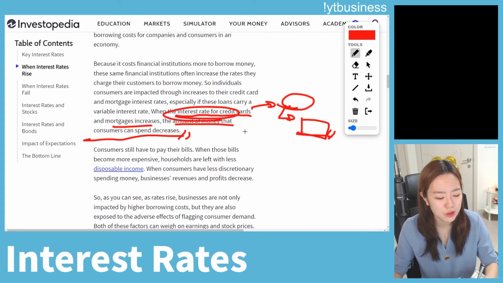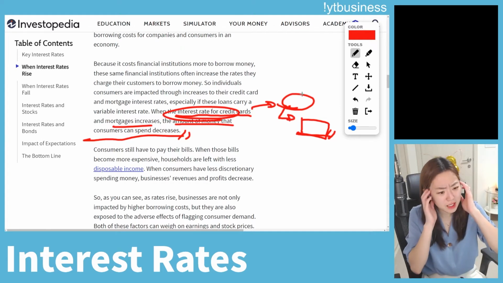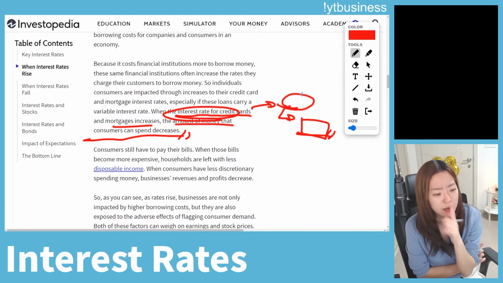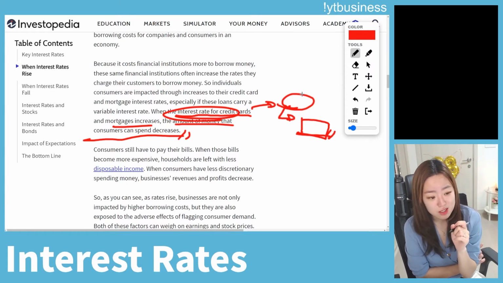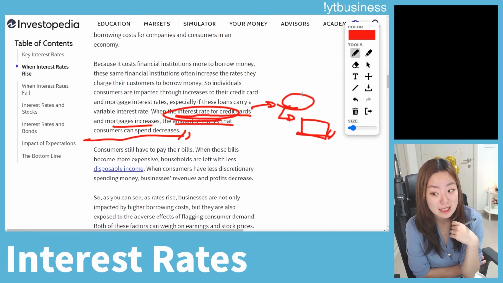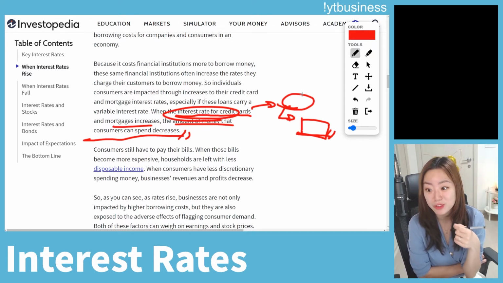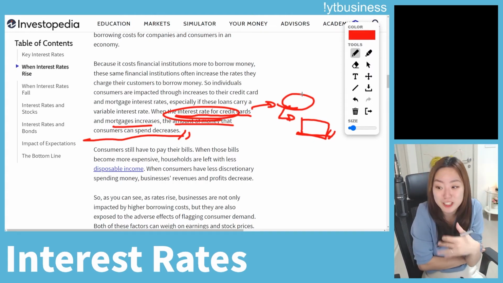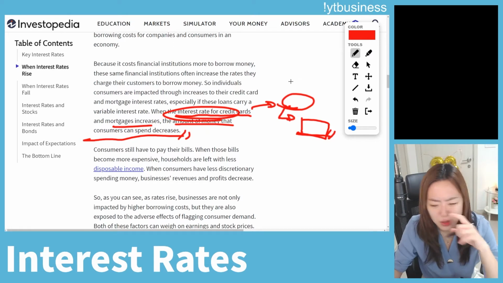Because it's high. Oh, that makes sense. Oh, I read that completely wrong. I totally understood the sentence as if the interest rate for credit card and mortgage increases, then the amount of money that they spend will decrease. Okay, I got it.